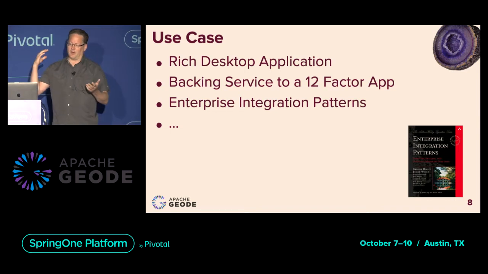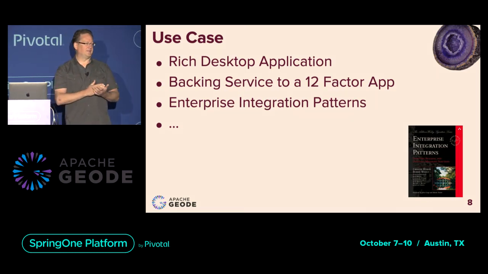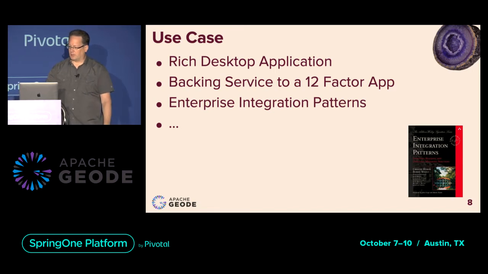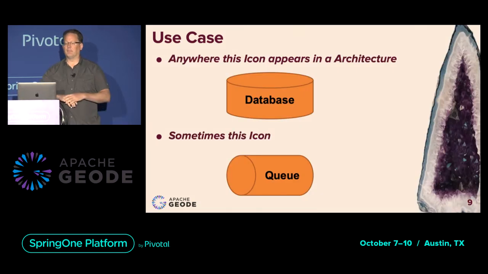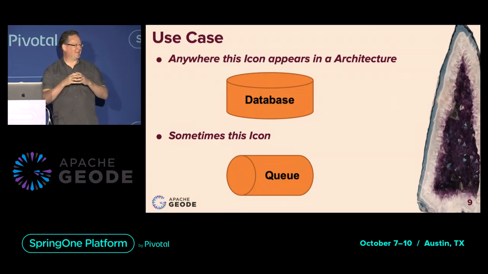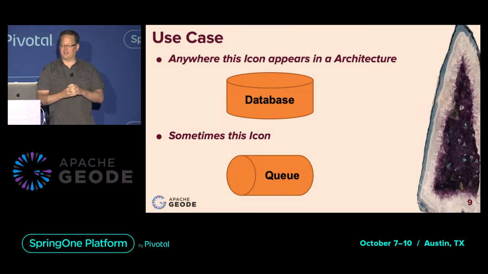If you think about all those different patterns out there for streaming platforms, all that event-driven stuff that I was talking about, you can do a lot with Geode on those patterns. So in a broader sense, wherever you see that little database icon, you can throw Geode in there.